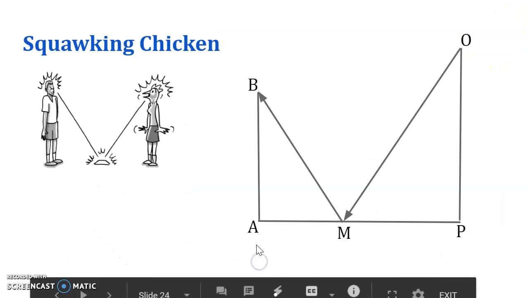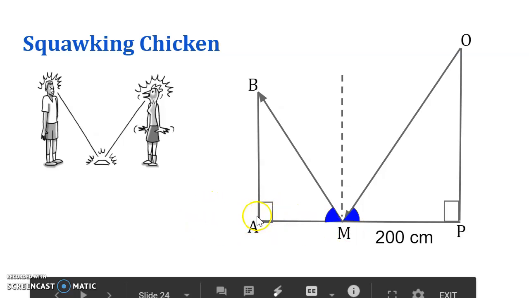There is a vertical line here, so the two blue angles are congruent. And both myself and Mr. Liu are standing vertical, so that's another pair of angles that are congruent and corresponding.